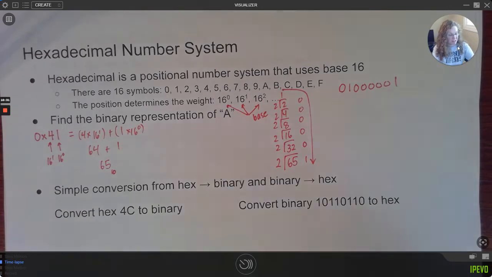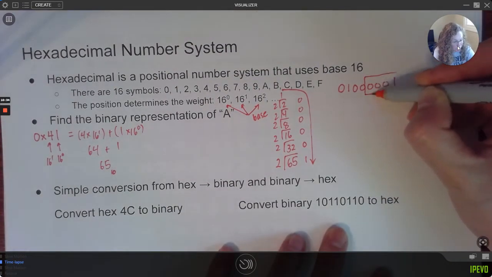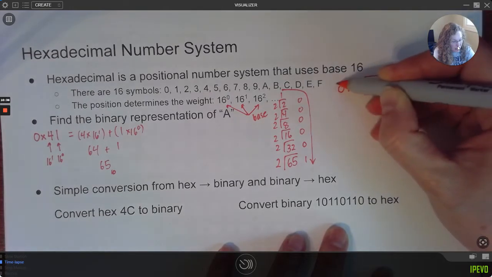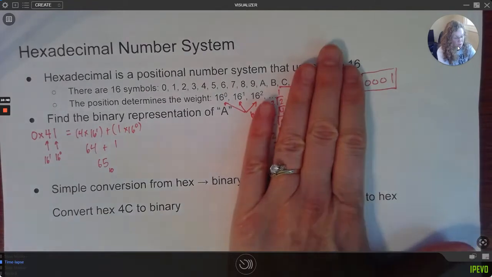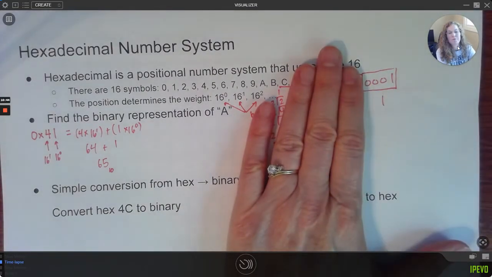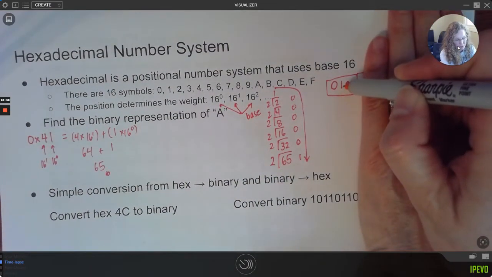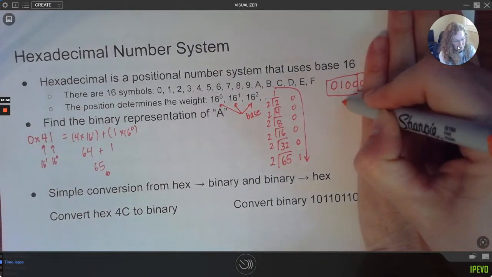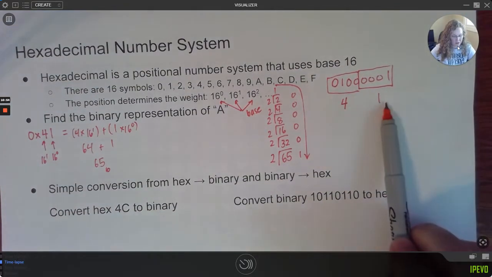Okay, so if I look at these 8 bits and group them into groups of 4, and then consider the 4 bits separately. So if this is the ones place, and so this is the number 1. Over here, this is the ones place, the twos place, the fours place. This is the number 4. Okay, 4, 1.